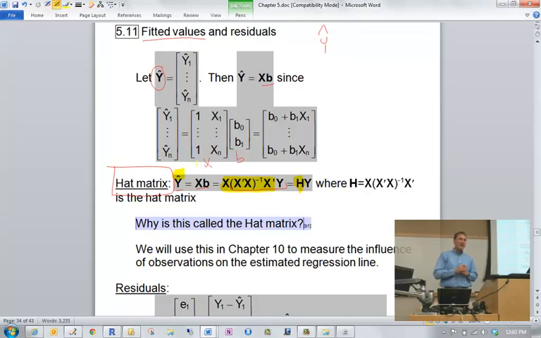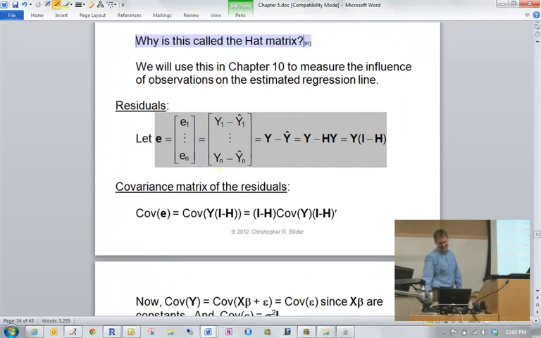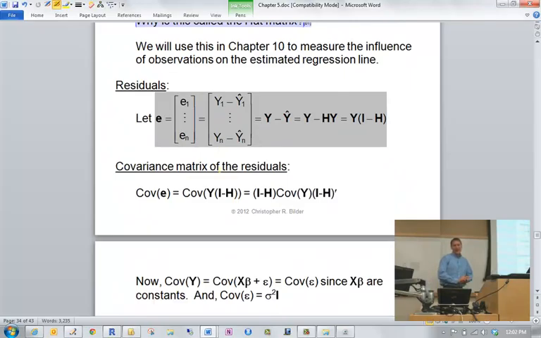You take the matrix times Y, and you put the hat on top of Y. Hat matrix. Okay. Again, this will be very, very useful more in Chapter 10. We'll still use it at times, but it'll be most useful in Chapter 10.